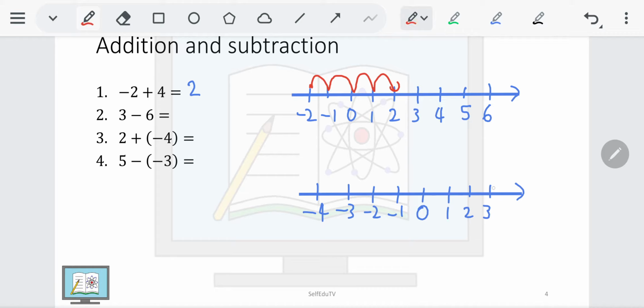So starting from 3: 1, 2, 3, 4, 5, 6. So the answer is -3.